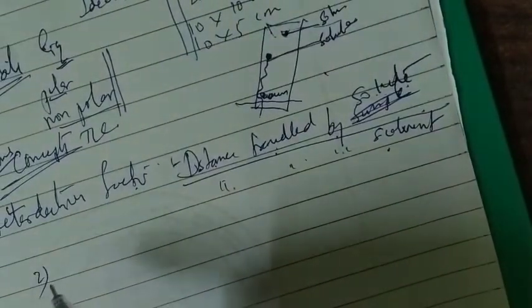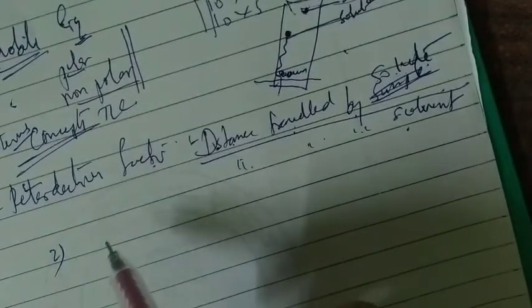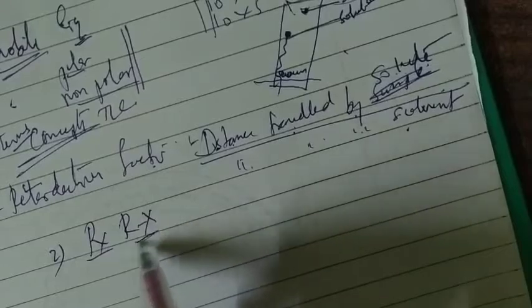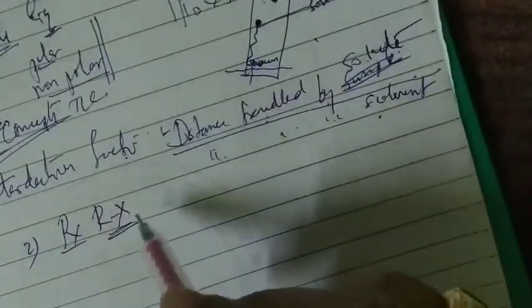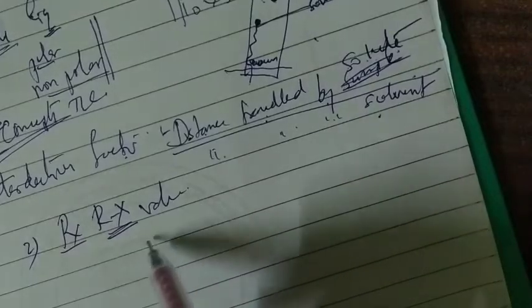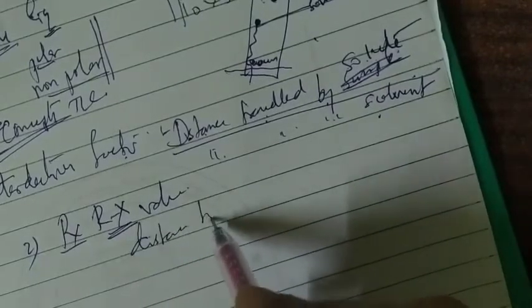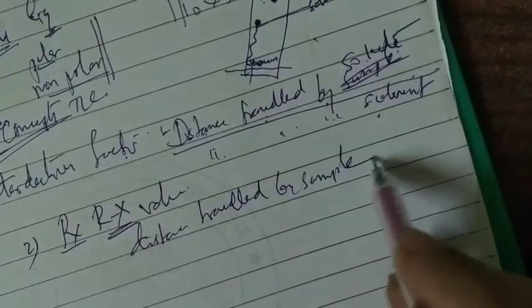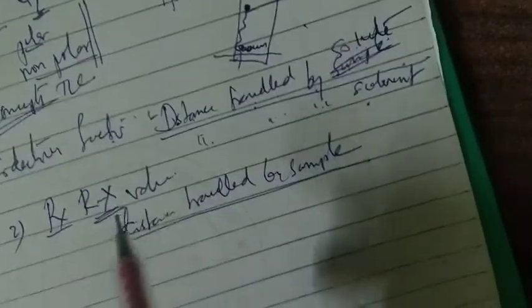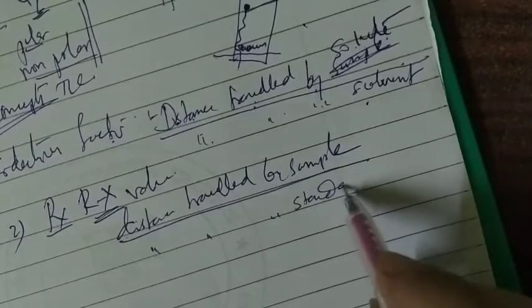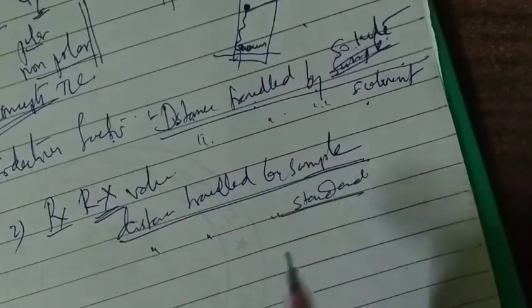The second important term in TLC is the RX factor. What is this RX factor or value? It is the distance traveled by the sample divided by the distance traveled by the standard.